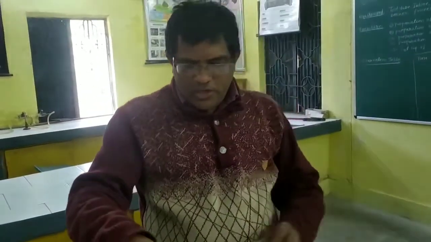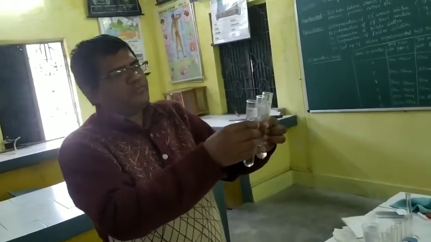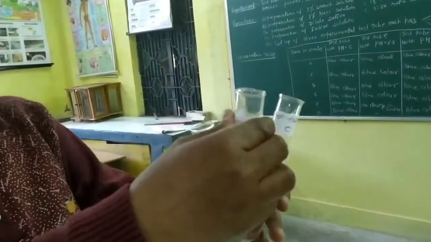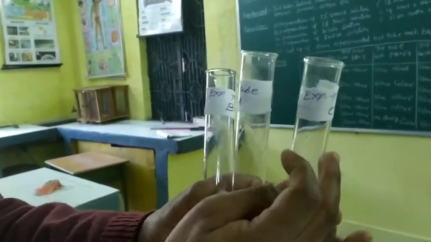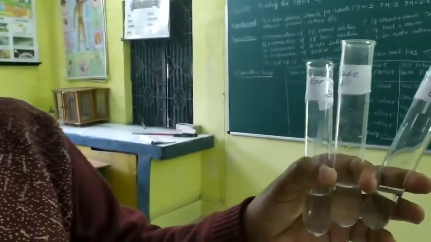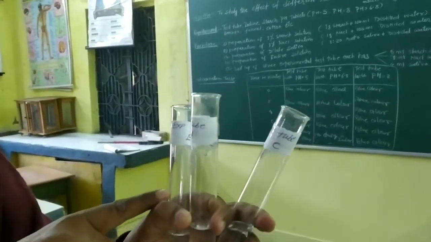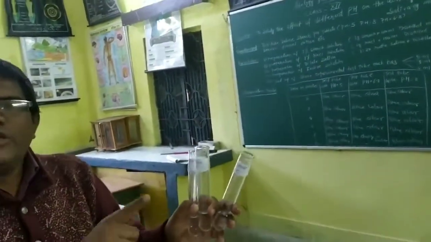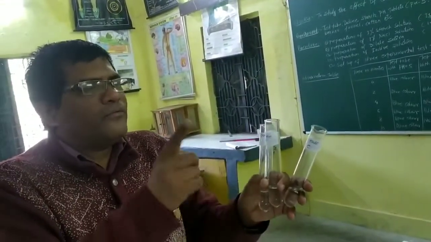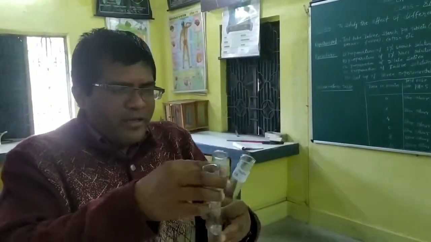So now I have three test tubes: test tube A, test tube B and test tube C. In each test tube, what have I taken? 5 ml of the starch solution, 1 ml NaCl solution and 4 ml of the saliva.